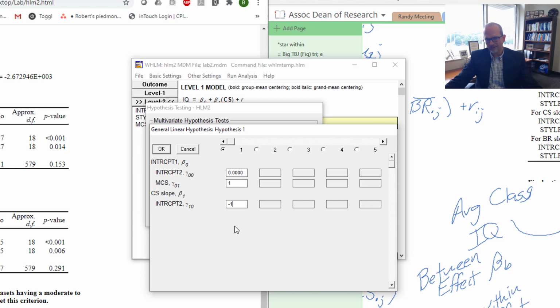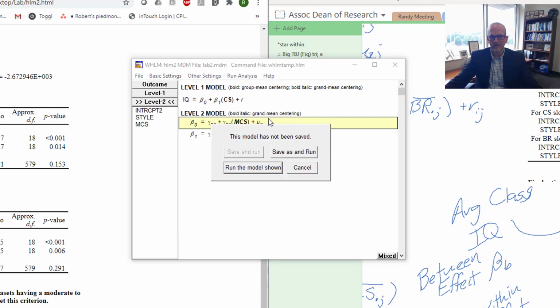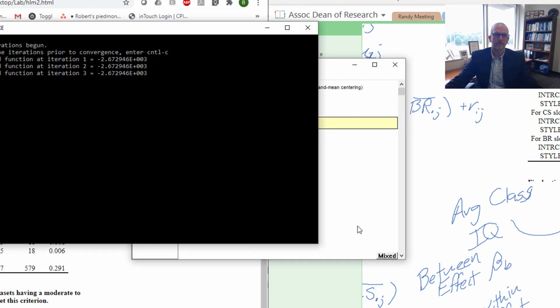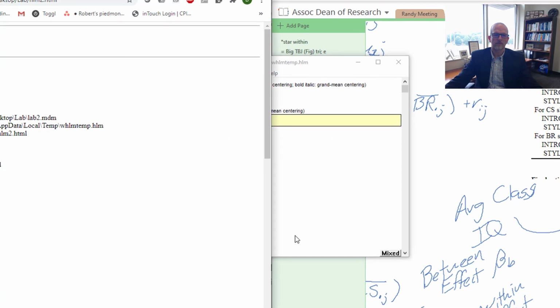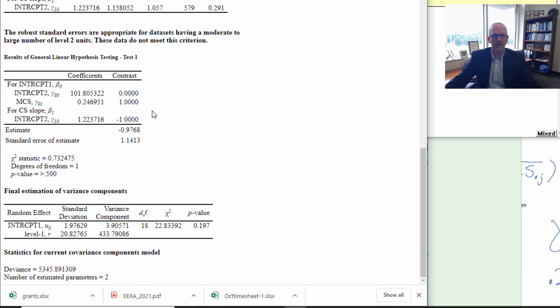It will add everything together. So it's going to be 0 times this gamma 00, 1 times this, and minus 1 times this, and then adds it up. As a result, this will be the compositional effect. And now if I were to run this analysis, at the very bottom, it gives me what that comparison is, and it gives me the standard error.